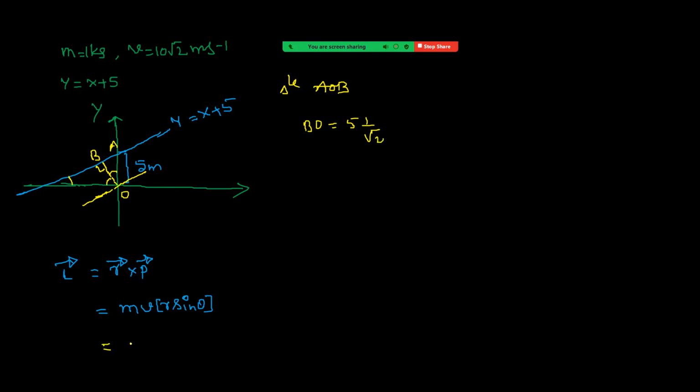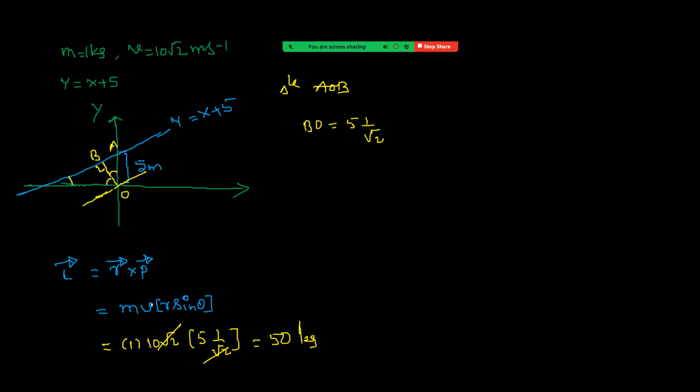Substitute that here. Mass 1 kg, velocity 10 root 2, R sine theta 5 into 1 by root 2. That is now 50. Okay. And units: mass is kg, velocity is meter per second, right? And this is again meter, right?